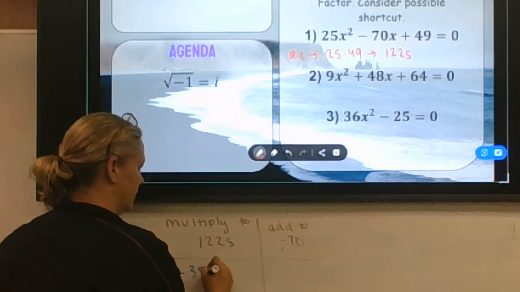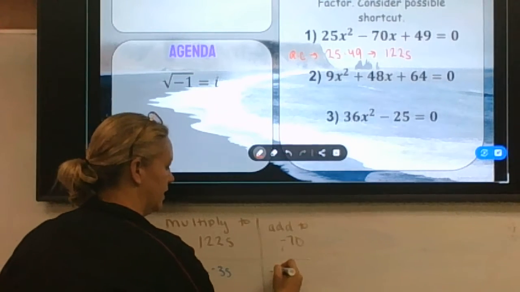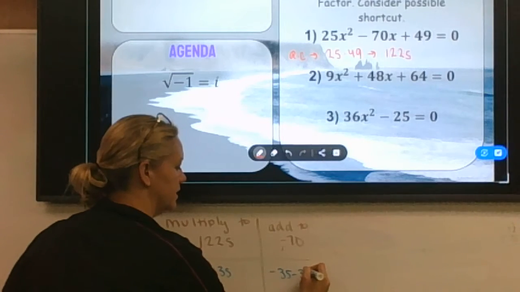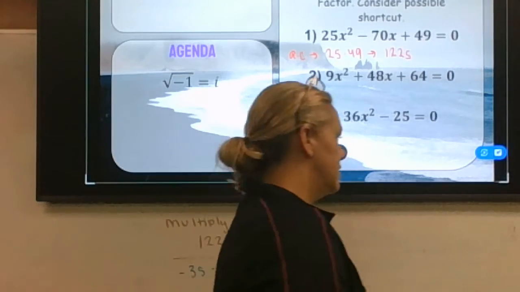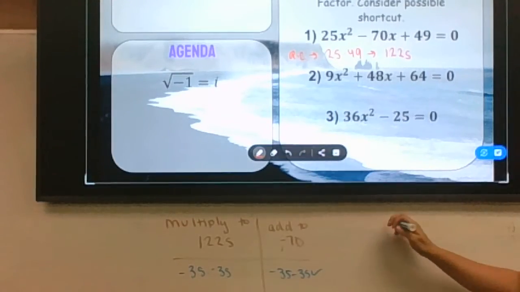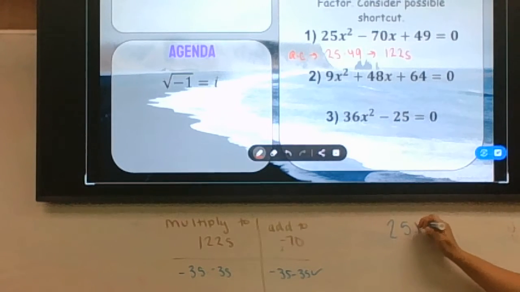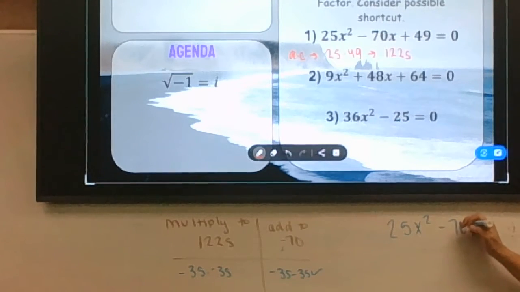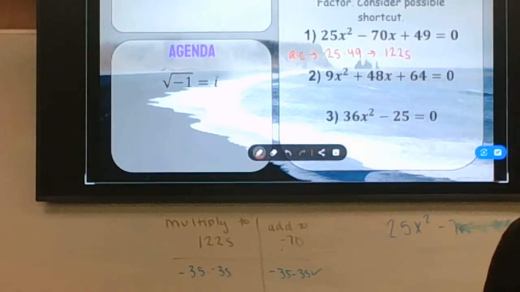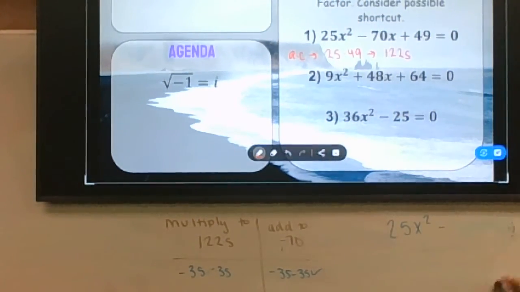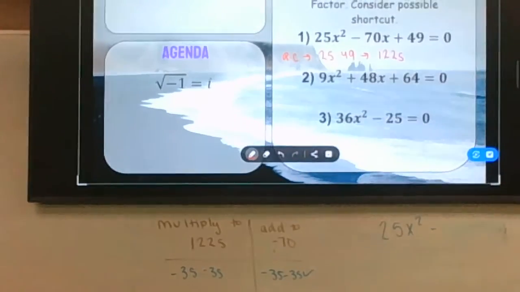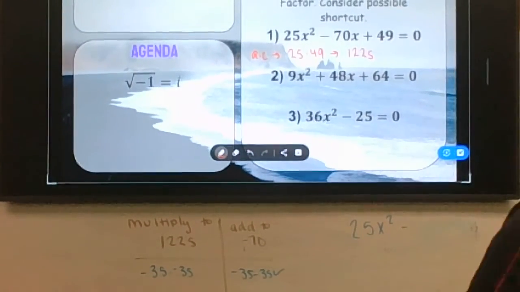So negative 35 times negative 35, and negative 35 minus 35. So then we'll write it as a 4-term problem. If you couldn't come up with negative 35, just continue right now.